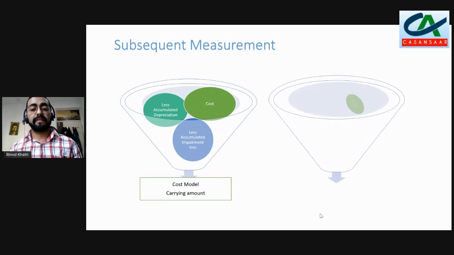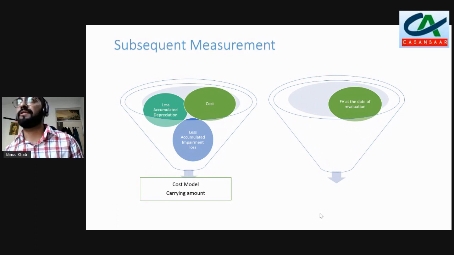In the case of the revaluation model, we calculate the fair value at the date of revaluation. For example, after 1 year we are revaluing that AC, and we see that the current market price or fair value of this asset is not 25,000, but 28,000.